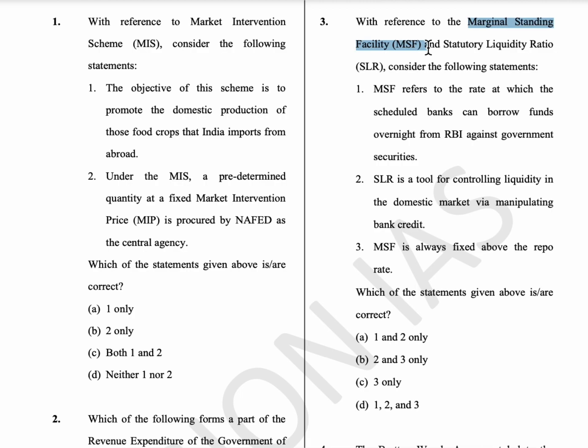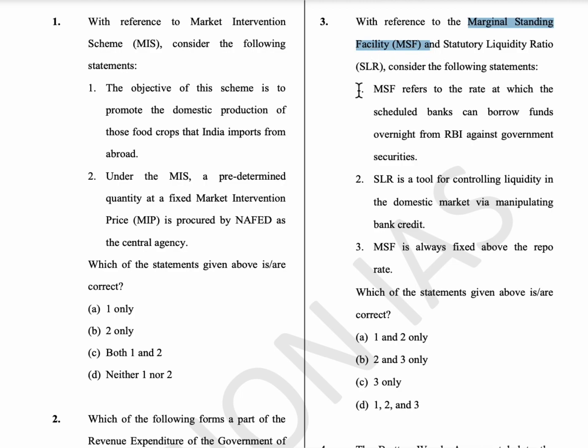Coming to statutory liquidity ratio, or SLR, it is the liquid money that has to be kept with the commercial banks.